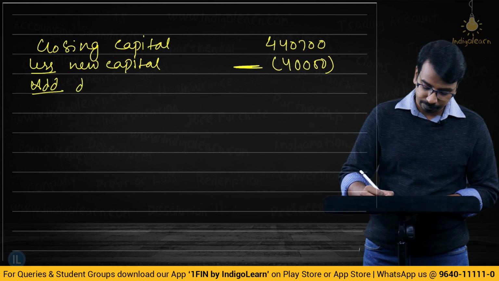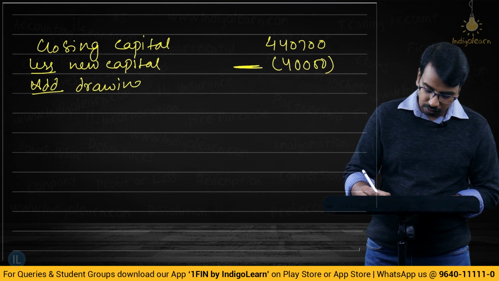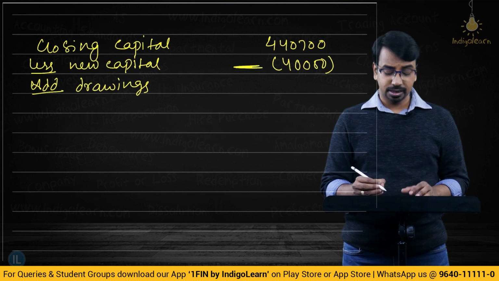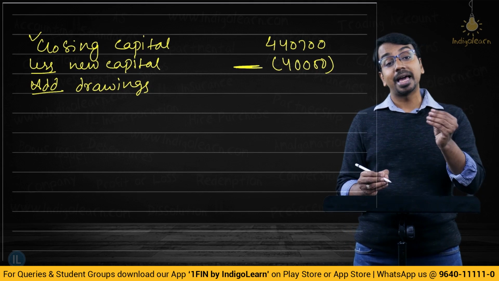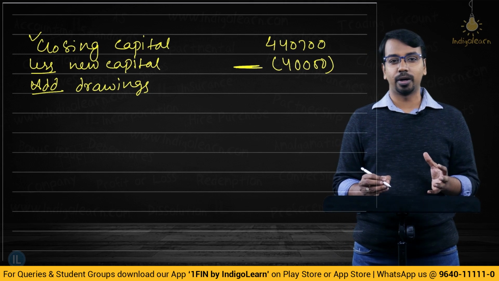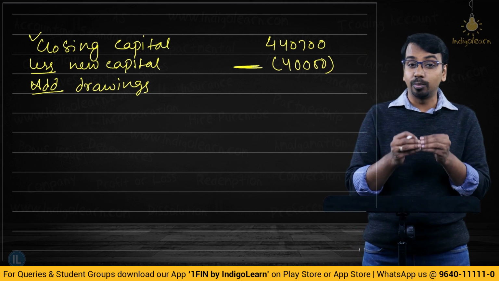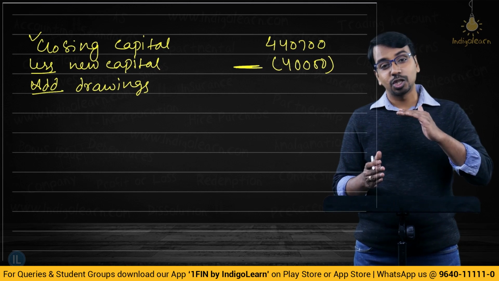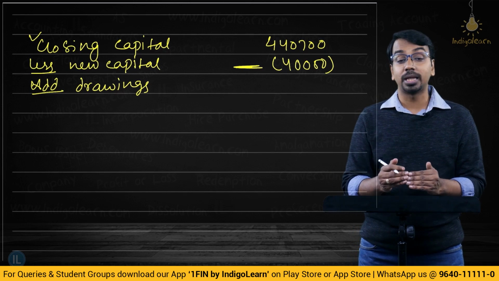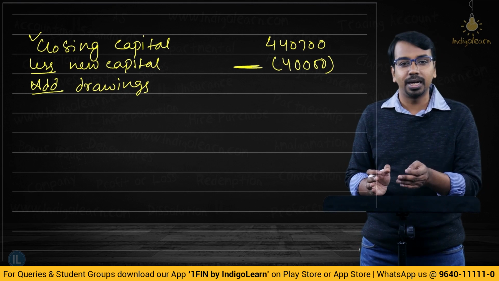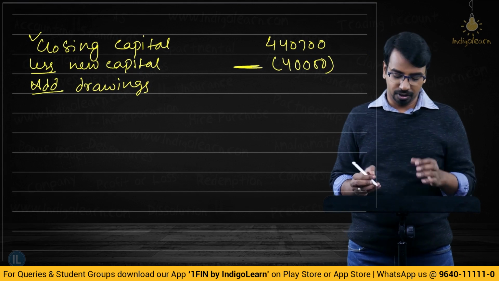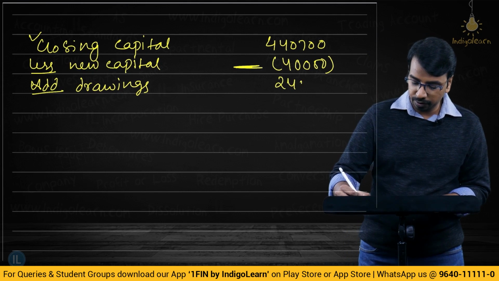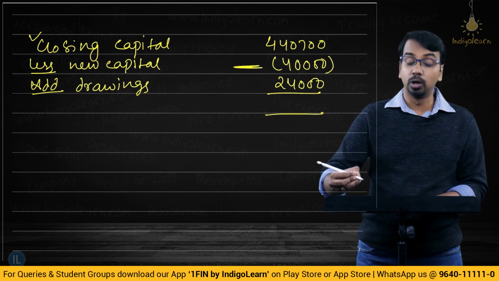Then you will add drawings. Why will you add drawings? This closing capital is arrived at after deducting the drawings. That means your capital has come down because of drawings, not because of loss. So you will add back the drawings so that this number becomes comparable with your opening capital. So the drawings amount is 24,000. You will add back.